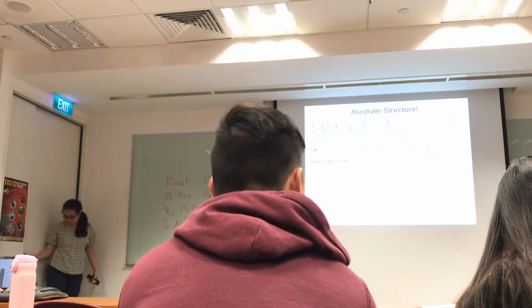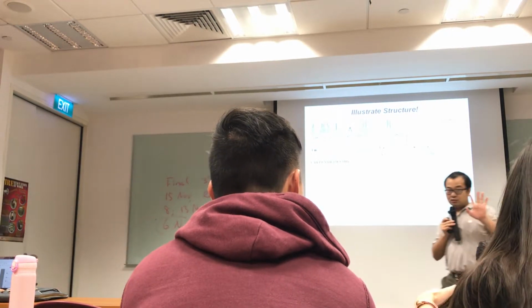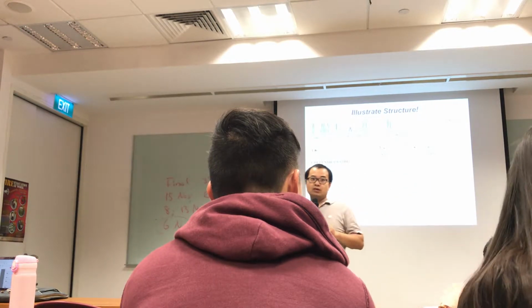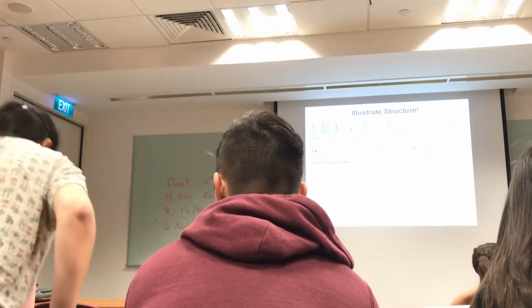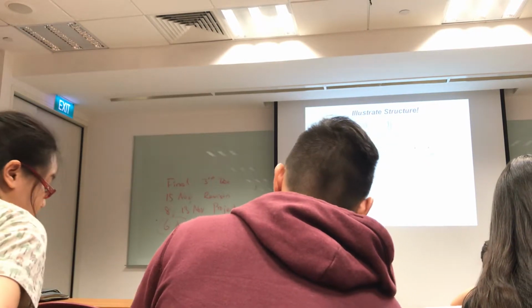Sometimes with 5 sp2 CH, it may be a monosubstituted phenyl ring, right? Or a pyridine. For pyridine, it's very clear that it's not substituted at all.